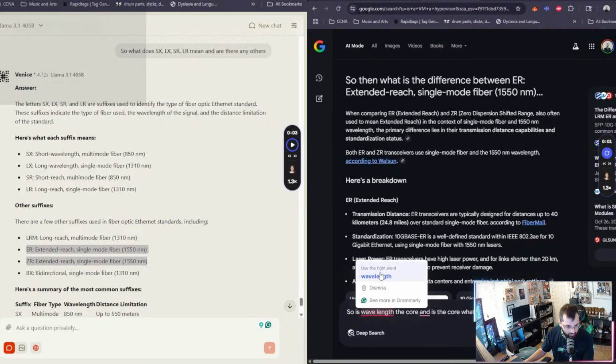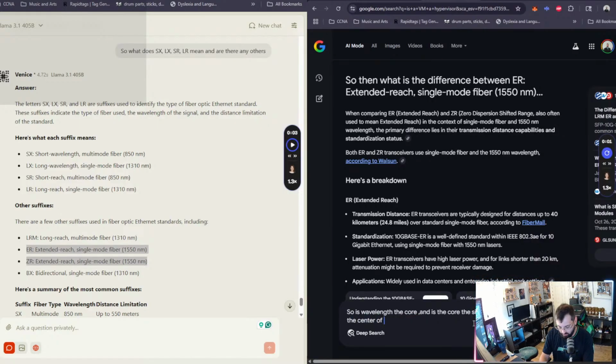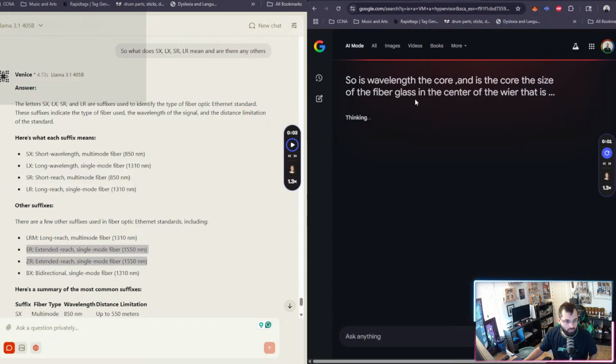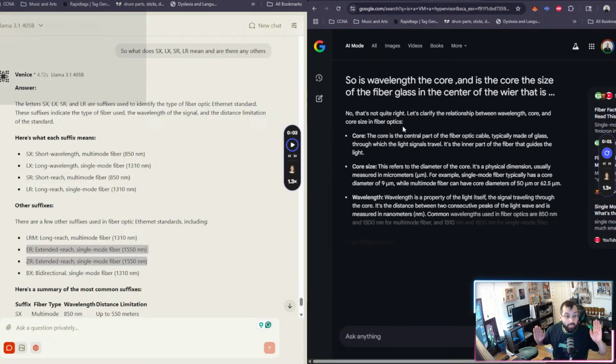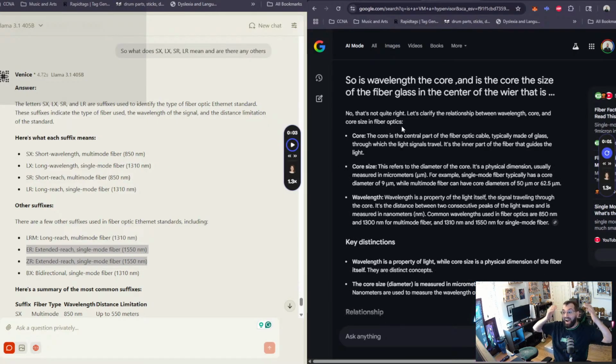So is the wavelength, that's one word, and is the core the size of the fiber glass in the center of the wire that is measured in nanometers? I swear to God, if it thinks I'm talking about New Mexico, I'm gonna be done. What is... God, dude.